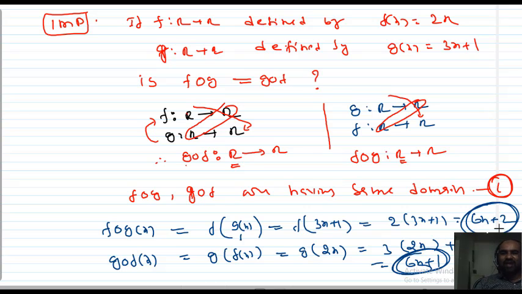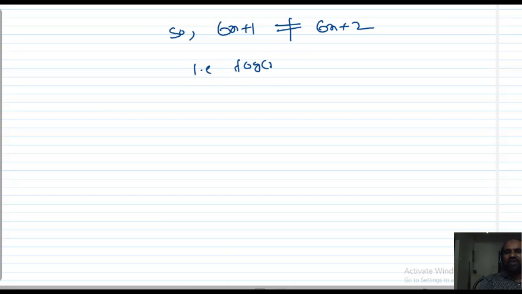They are not the same. The domains are the same, but the rules are not the same. I will write it the next way. So 6x plus 1 is not equal to 6x plus 2. That is, F circle G of X is not equal to G circle F of X. The rules are not the same, the domains are the same.